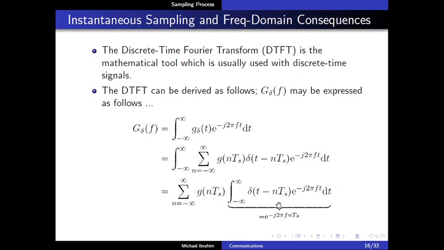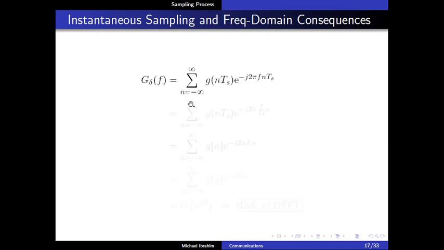This impulse happened at time t equals nTs, so the integration is the value of e to the negative j2 pi f t with t replaced by nTs. This is e to the negative j2 pi f nTs, which gives us the summation of G of nTs e to the negative j2 pi f nTs. Of course, Ts is equal to 1 over Fs, so we can put e to the negative j2 pi f over Fs.